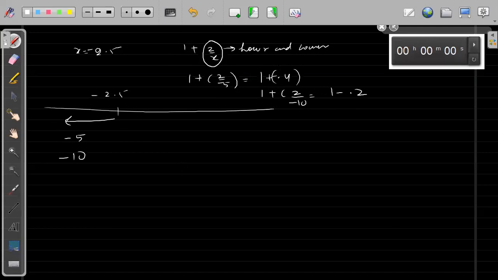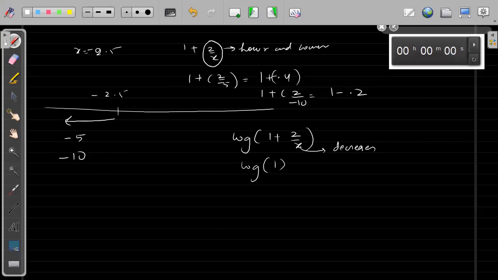So for all these values, what you will get inside is log of 1 plus 2 by x. If you substitute x as minus 10, or minus infinity, this will become log of almost 1. As x decreases, this will try to become more and more closer to 1.